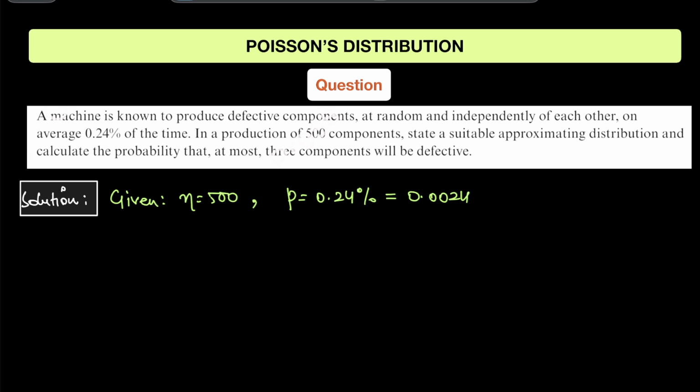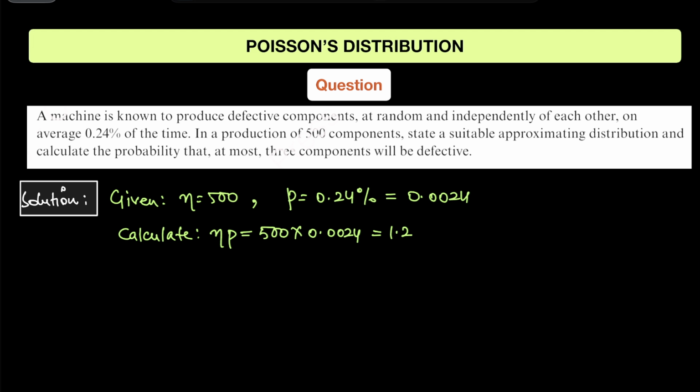Okay, so we will calculate n times p, 500 times 0.0024. This gives us the value 1.2.